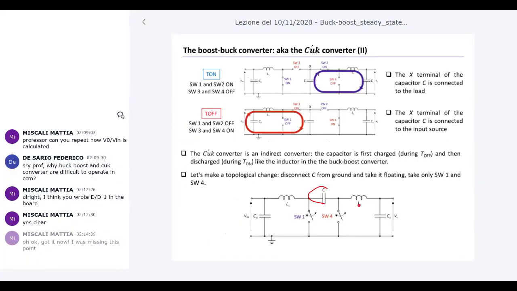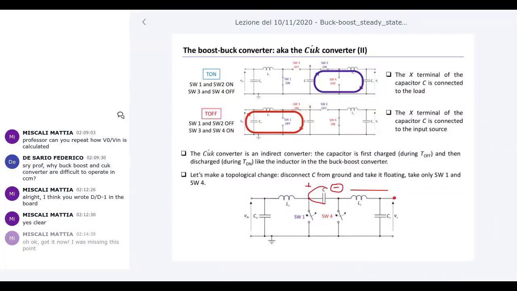When you change the topology in this way, look at what happens when switch 4 is closed. You are charging the capacitor with plus and minus in this way, because it is in parallel to Vin. But when you open switch 4 and close switch 1, now the plus sign is connected to ground, and the minus sign is the node connected to the load.